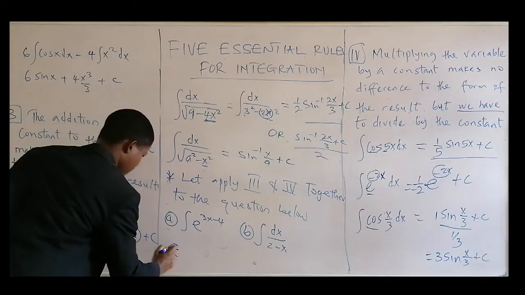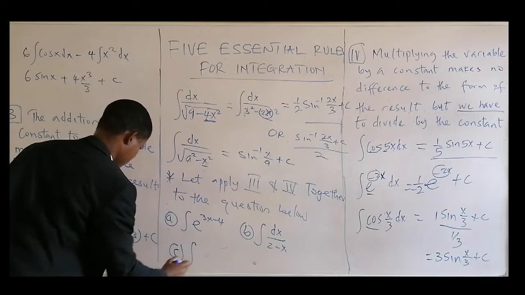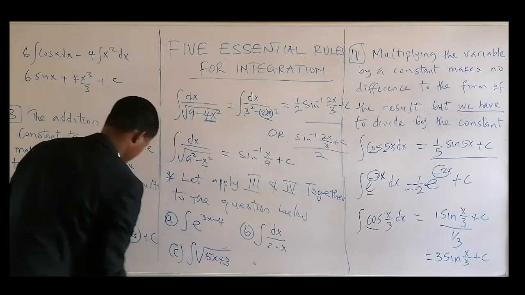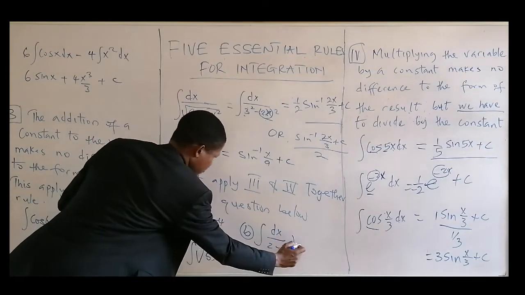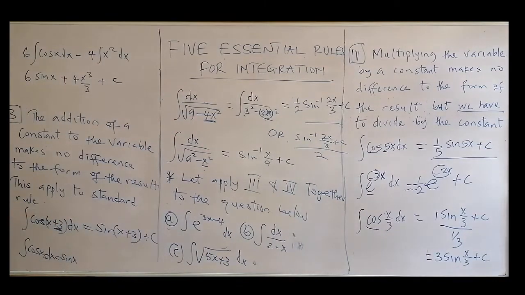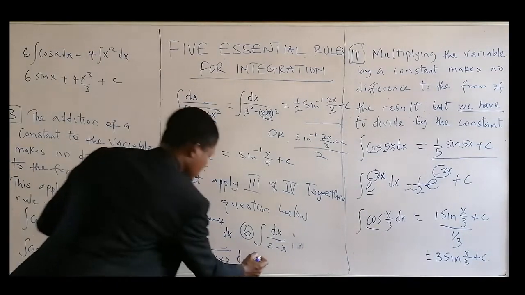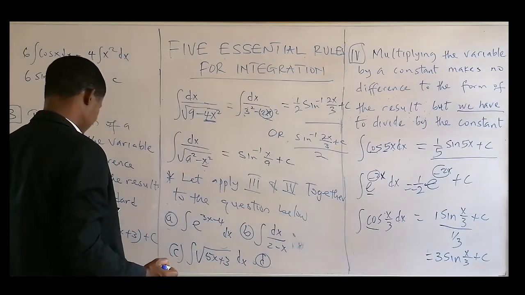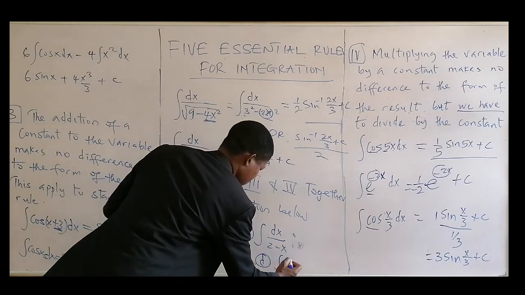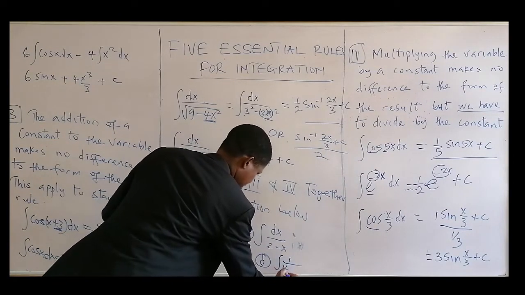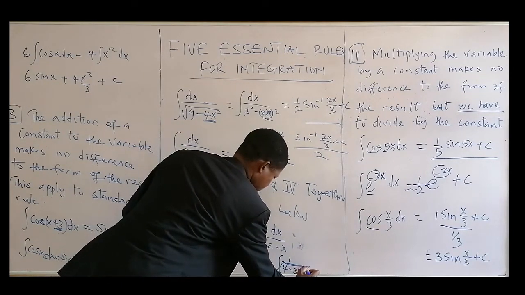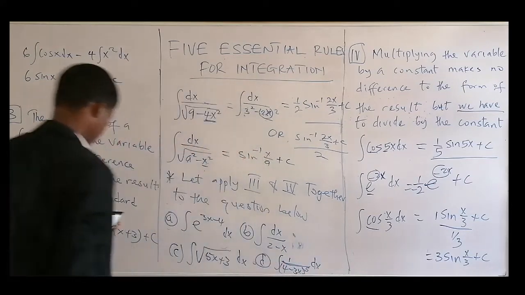And then C, the integral of the square root of 5x plus 3 dx. Let's see those 3 questions. We have one more, let's see another one: the integral of 1 over 4 minus 3x to the power 5 dx.